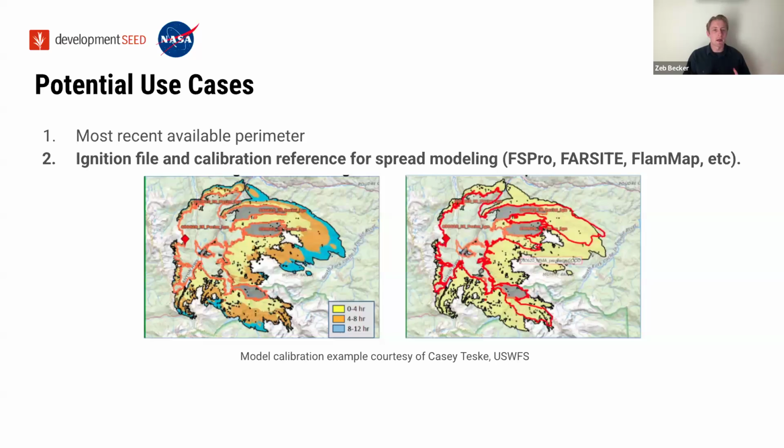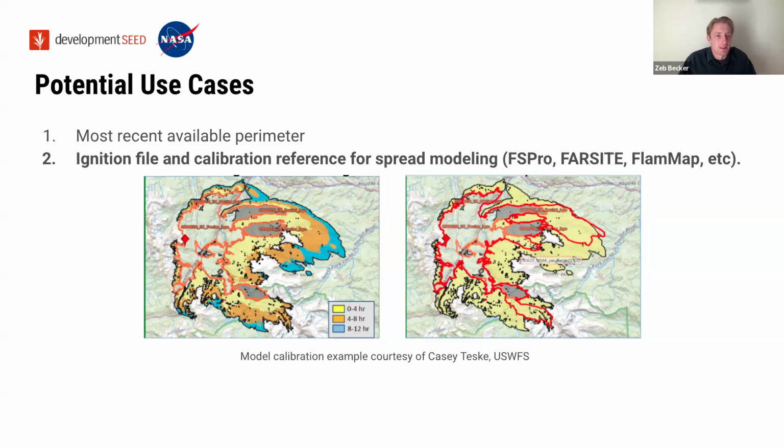But the basic feedback loop essentially goes like this. Say I have a perimeter from yesterday and a perimeter for today. You can see on the left here, we took the perimeter, Casey, not me.